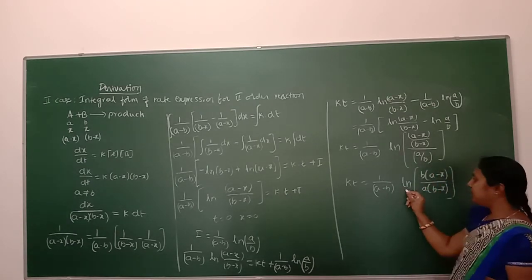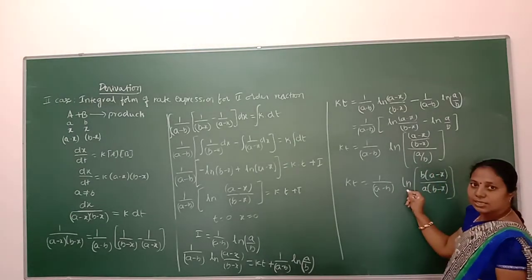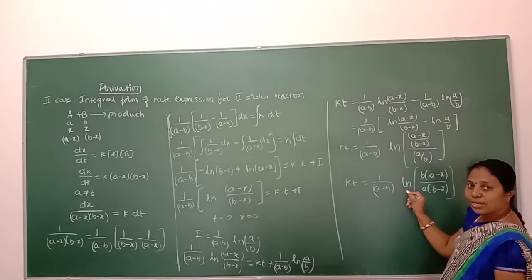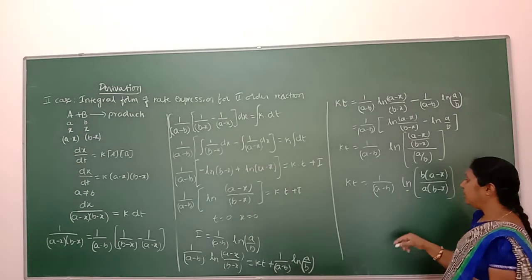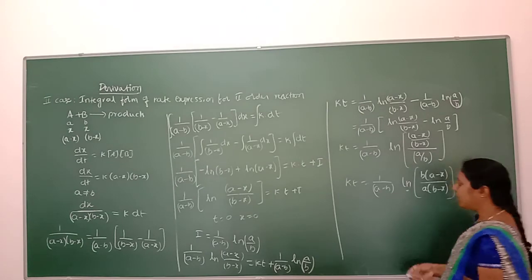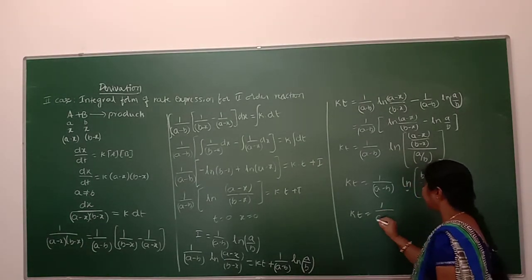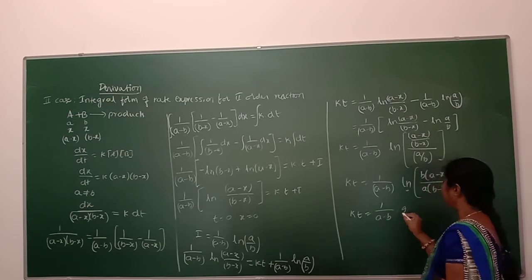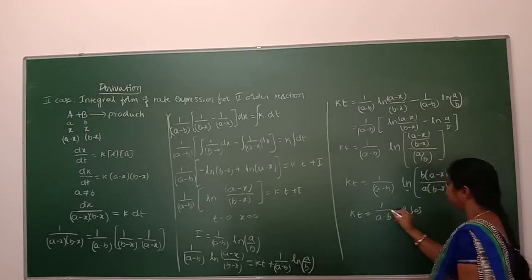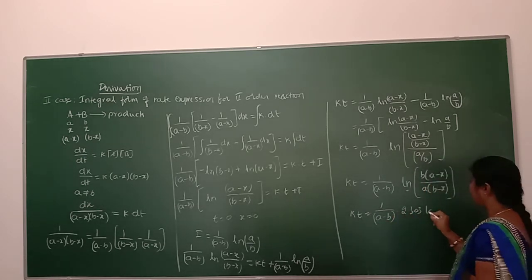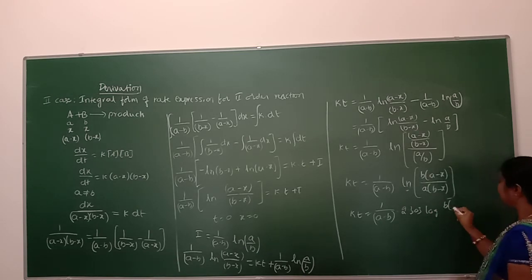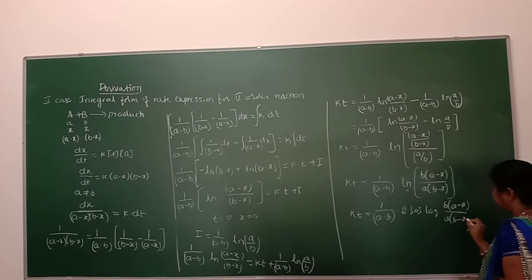To remove this ln, we have to convert log to base e into log to base 10. The conversion factor is 2.303. So kt is equal to 1 divided by (a minus b) into 2.303 log of b into (a minus x) divided by a into (b minus x).